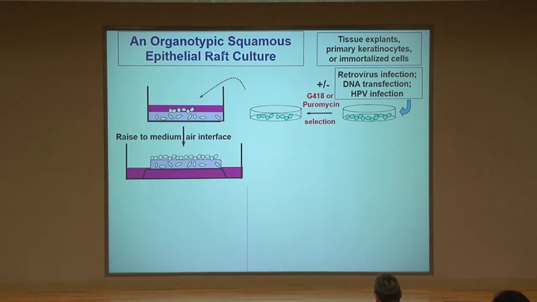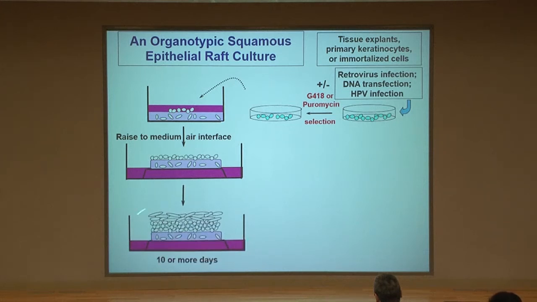That's why we call it raft culture. And now the whole assembly is exposed to air, and then within 10 days or more, we have a stratified epithelium. Okay? So it's a pretty long process, starting from recovering keratinocytes from foreskin.